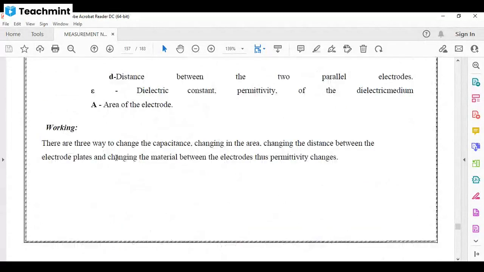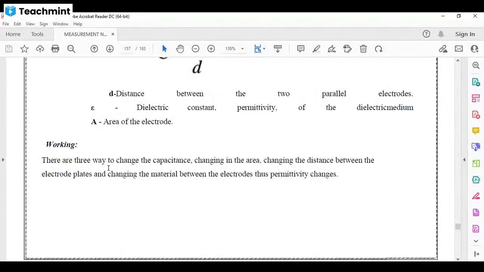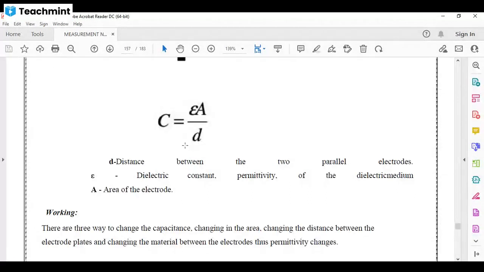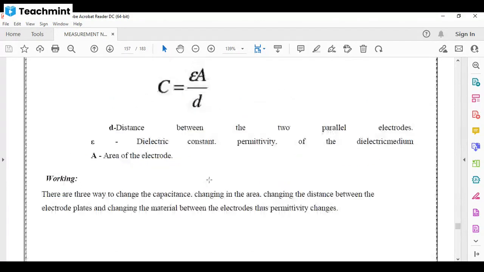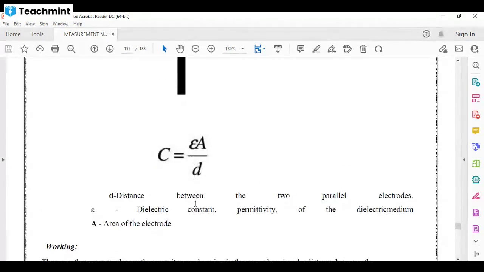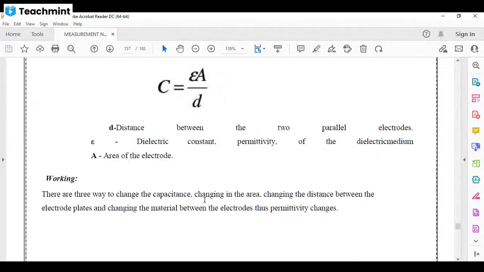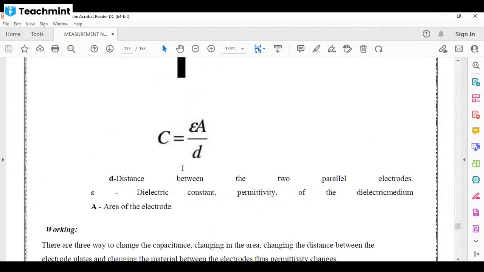So the working principle is that there are three ways to change the capacitance. First of all, epsilon, A, or D: if any one of them changes, then the capacitance also changes. These are the change in area, the change in distance between the electrode plates, and the change of the material between the electrodes, whereby the permittivity changes. Epsilon depends on the material, so if the material changes, epsilon also changes.